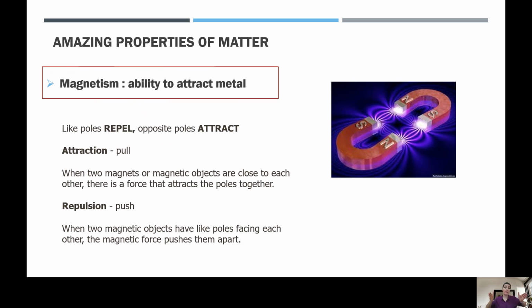This is what we call repulsion. This is a scientific word to describe what is happening here. However, when they come closer together, attach to each other, attract each other, we call it attraction. So these are two new scientific keywords that describe magnets: attraction and repulsion.